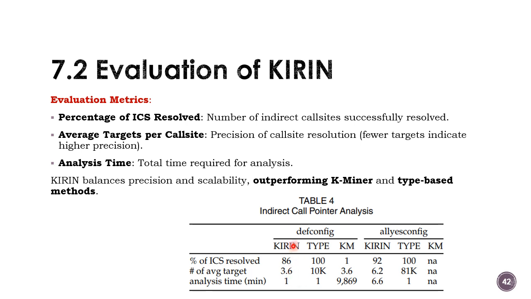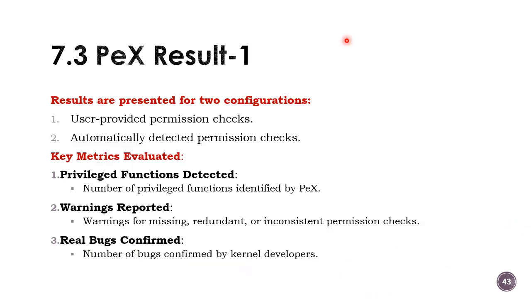And K-Miner, however, did not successfully finish the whole analysis because of the code base of the whole Linux kernel, but Karen can finish the whole Linux kernel code base. So this is a good sign.